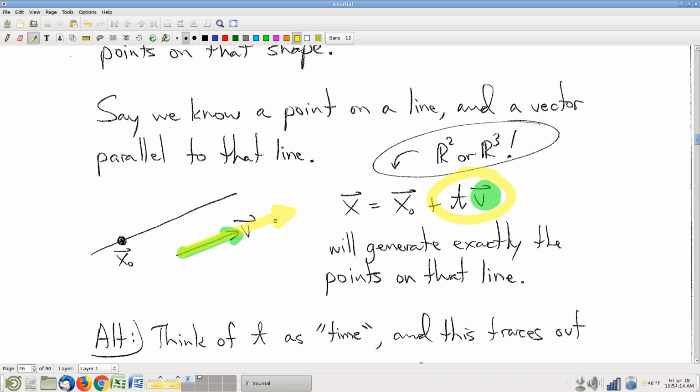So instead of calling it x naught vector, I could give it a capital letter name and call it capital A, and then it would look like a point. But the slight problem with that is then I have to write down separate definitions of what is a vector plus a vector, then separately what is a point plus a vector.